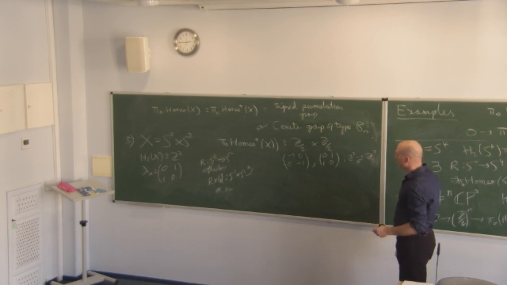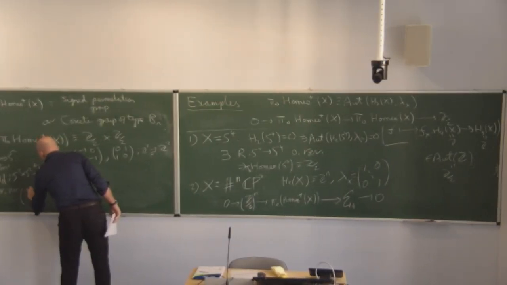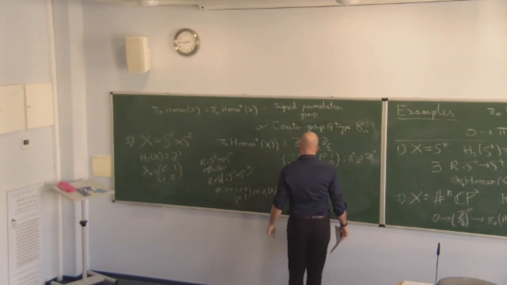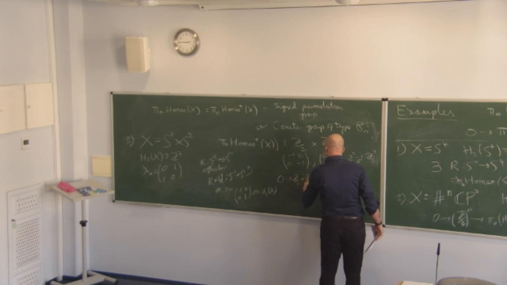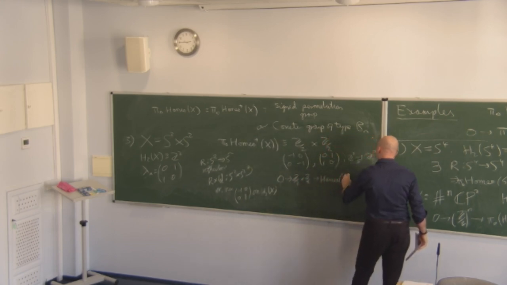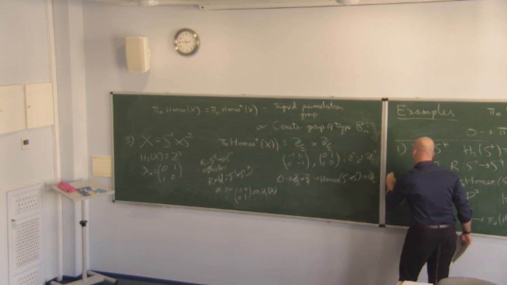This will do minus 1, 0, 0, 1 on H2 of X. And so I get a short exact sequence that goes 0 to Z2 cross Z2, the entire homeomorphism group, to Z2 to 0.